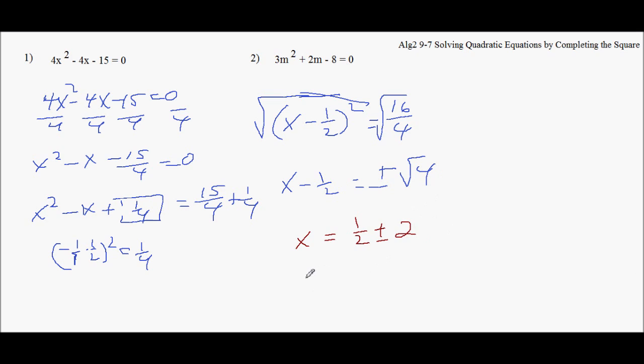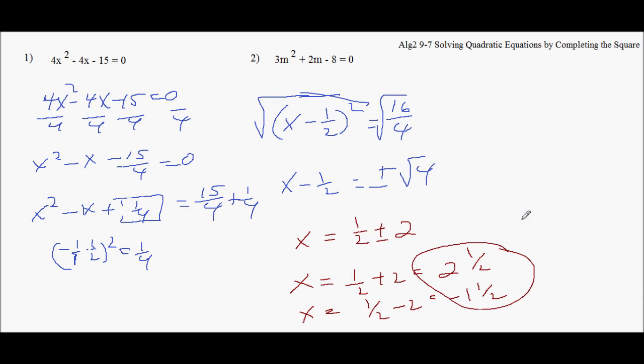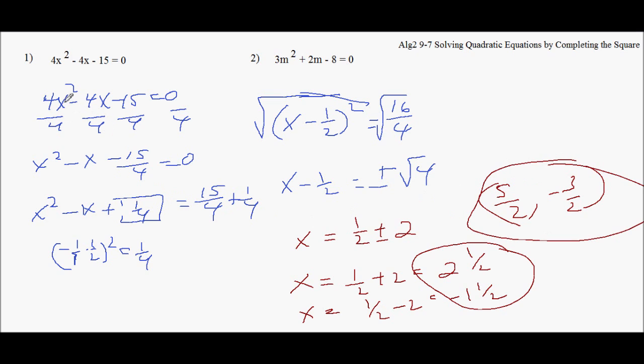So I get x equals 1/2 plus 2, which is 2.5, and x equals 1/2 minus 2, which is minus 1.5. Or I could say it's 5/2 and minus 3/2. And that's the answer to this one.